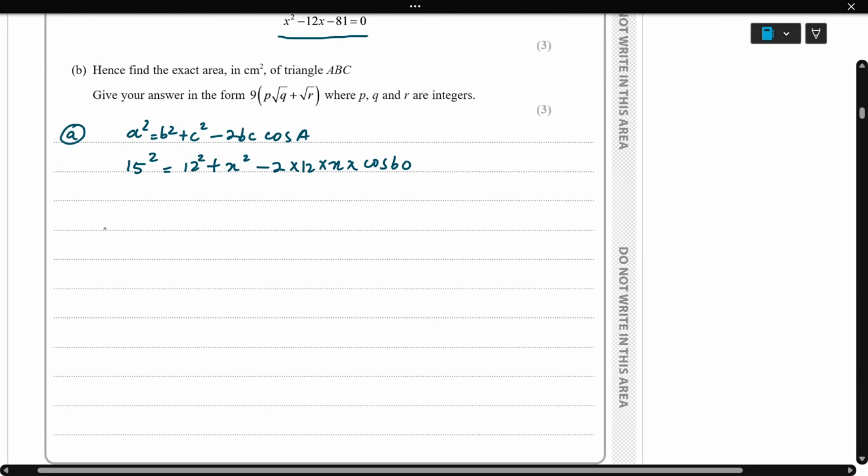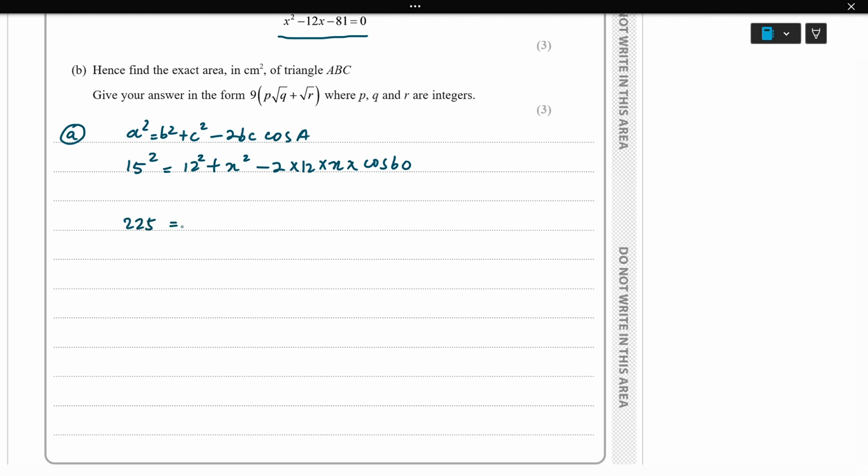Here 15 squared is 225 equals 144 plus x squared minus 2 times 12 times x times cos 60, which is going to be 1 by 2.